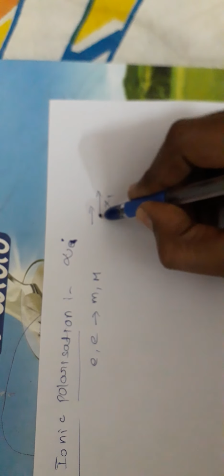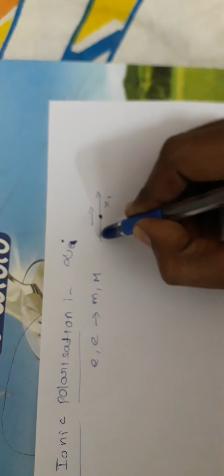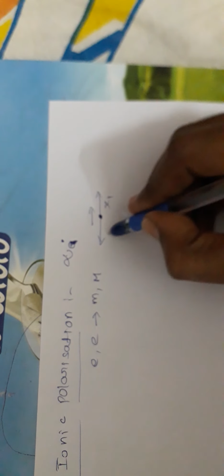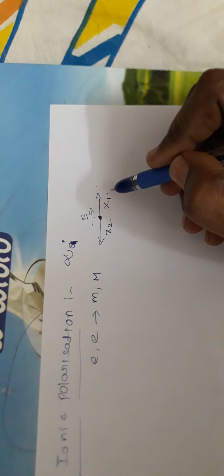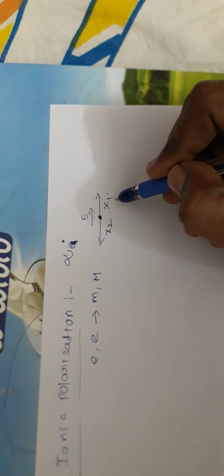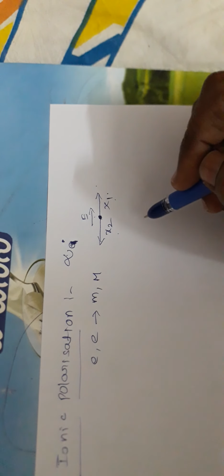Next, the negative ion moves opposite to the field direction, and the travel distance is x2. So both are displaced, one along the field direction and the other opposite to it, with travel distances x1 and x2 respectively.